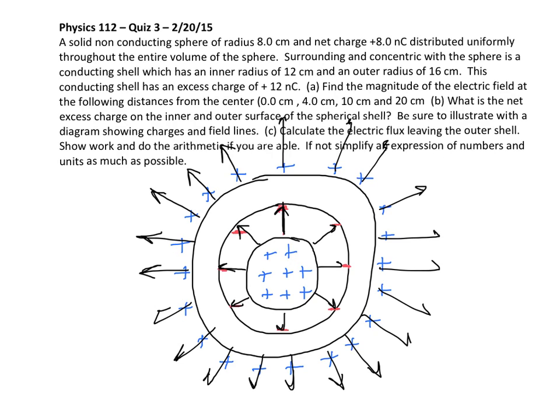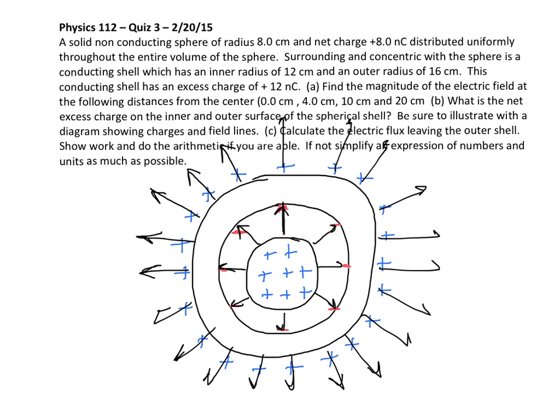If you look at this field here, inside this circle that I'm drawing are 12 and 8 charges, a total of 20 charges. So these 8 terminate on the negative charges.